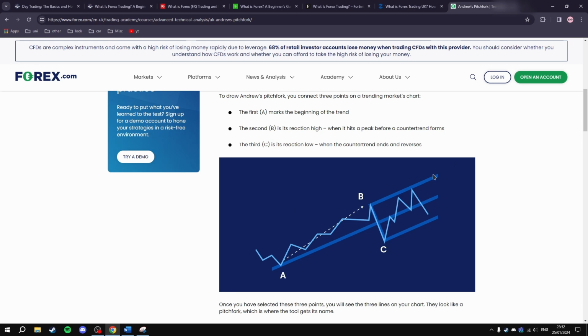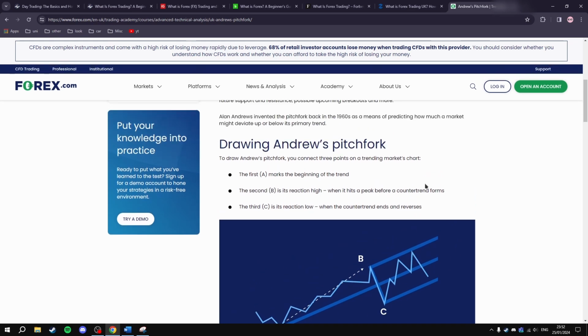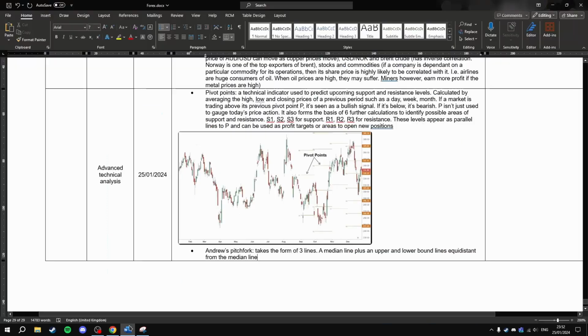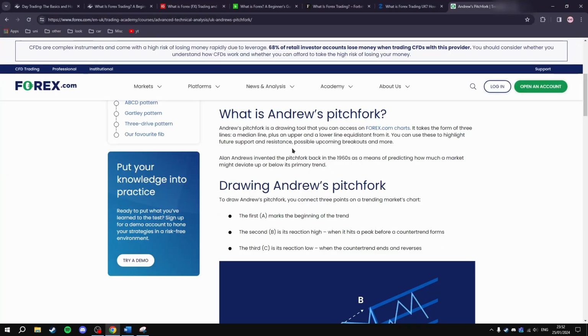We can see the pitchfork here. From the median line, you can use these to highlight future support and resistance, possible upcoming breakouts, and more.